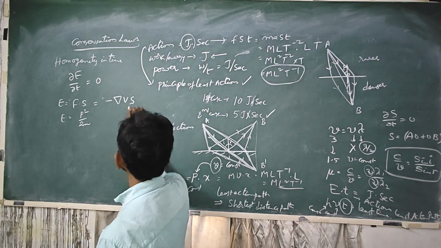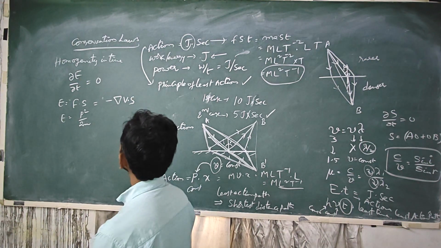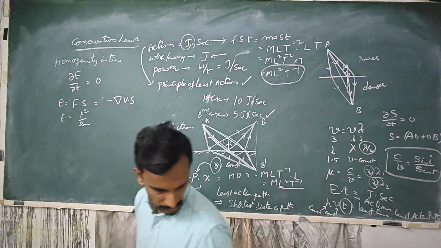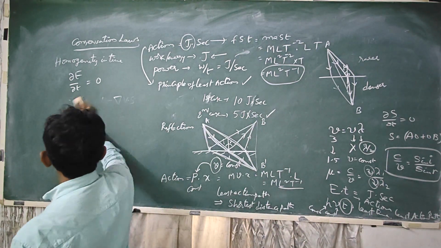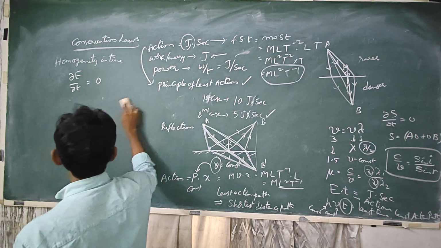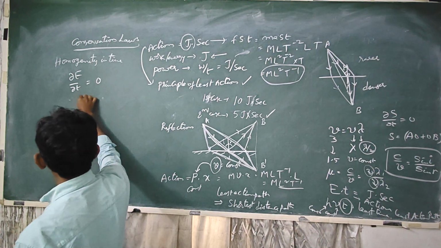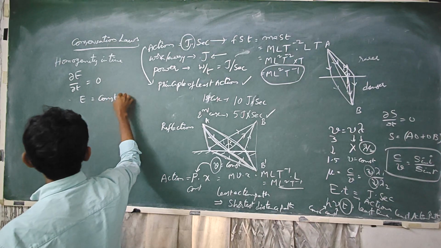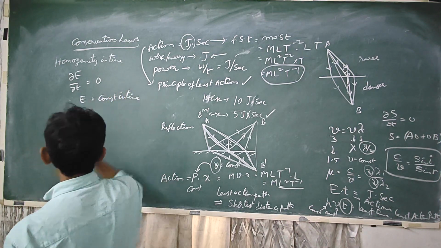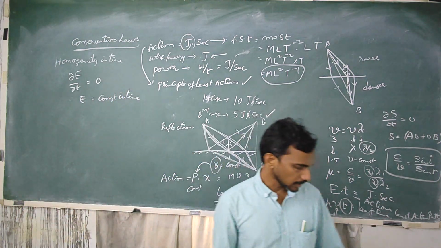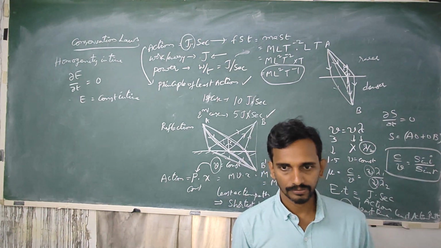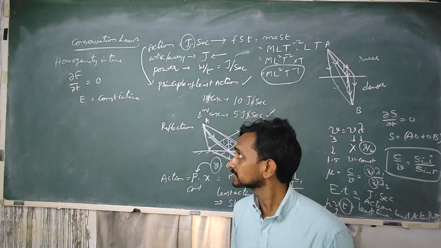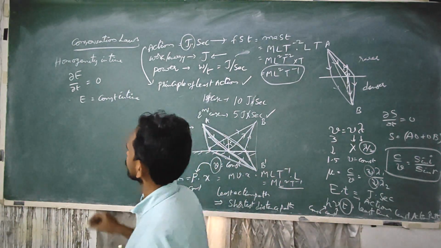These details are not a matter of discussion now. Anyway, if dou E by dou t is 0, the energy is constant in time. So whatever energy you take, it is constant in time. So that is homogeneity in time.